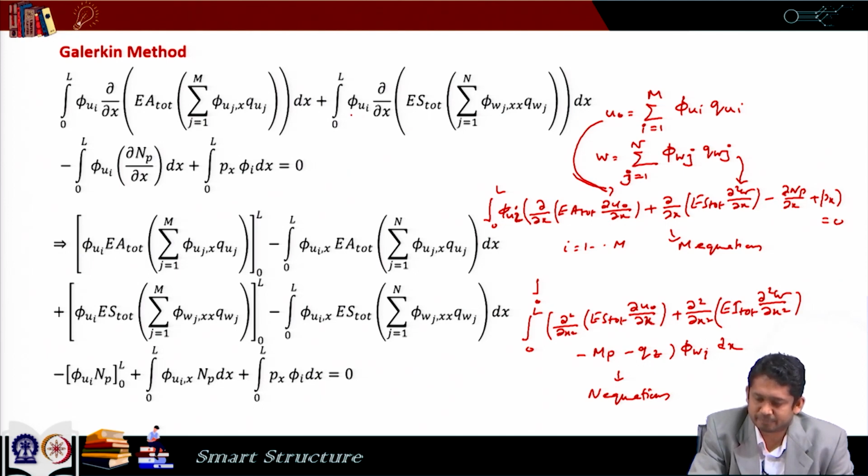Here we do the same thing, we take this and take the integral of this minus the differentiation of this, which is here, into the integral of this. Here also we shift the derivatives. So, phi u i is here integrated and we get n p, and we differentiate this and then get the integral of this n p, and p x phi u i remains as it is.